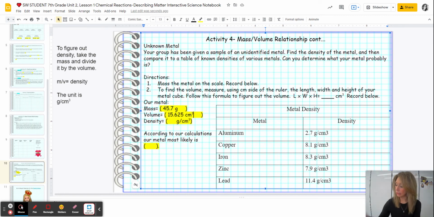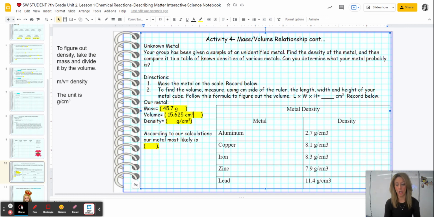Now we're going to take a look at the density chart here, and we do not see a 2.9, do we? But we do see something that is close. When this cube was cut, all kinds of little factors can play in on why we might not get an exact density match.